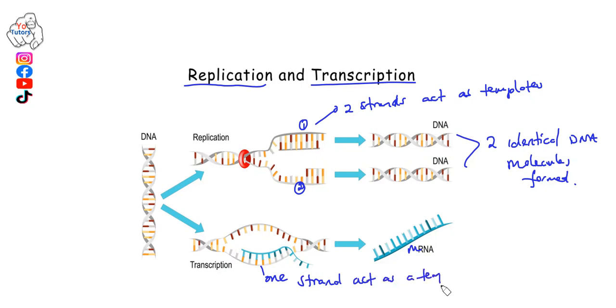So you must indicate that in your explanation, especially when you are explaining the process of transcription: 1 strand acts as a template. But the rest is the same as DNA replication. It has to unwind, it has to unzip, and the free nucleotides are always being used to build the complementary strand.